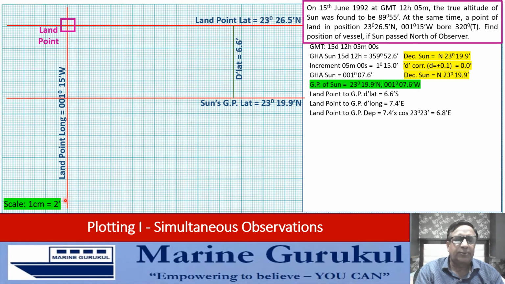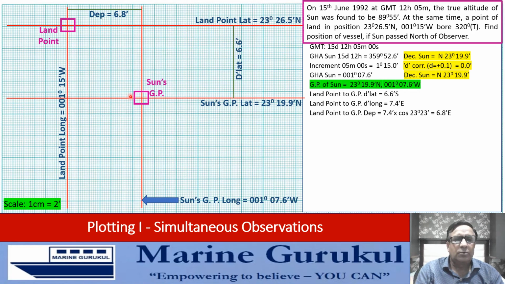So using the same scale of 1 centimeter equal to 2 miles, we come 6.8 miles to the east, and we are able to plot the meridian of the GP. Where the meridian of the GP intersects the parallel of the GP, obviously this is the point where we have the GP of the Sun.